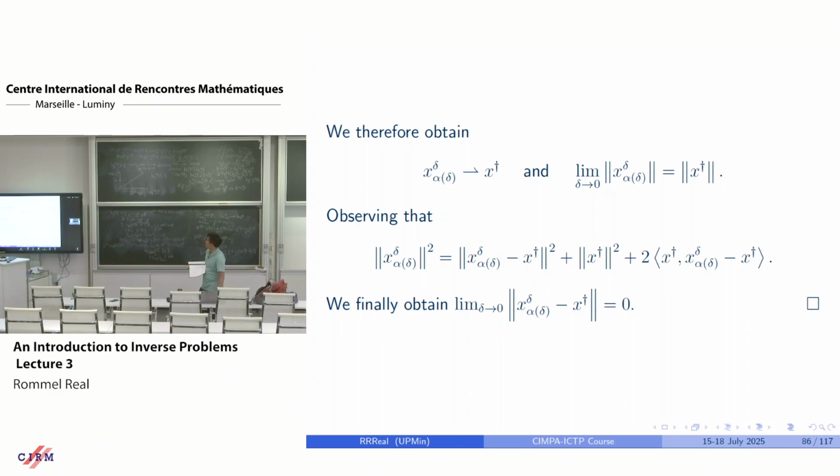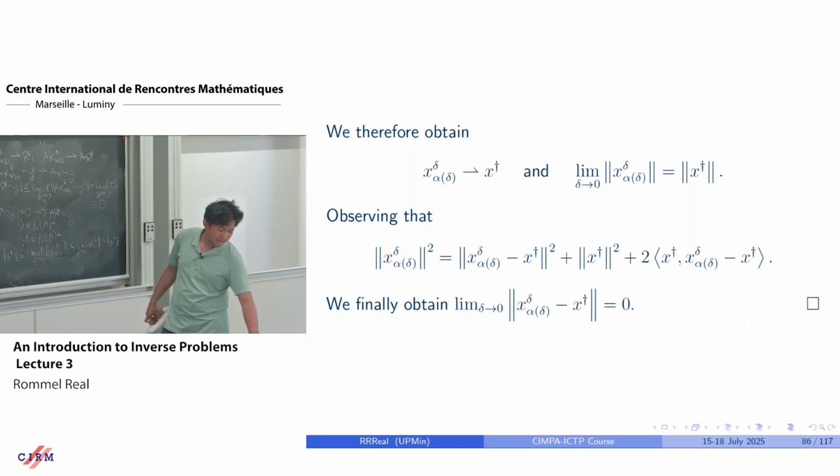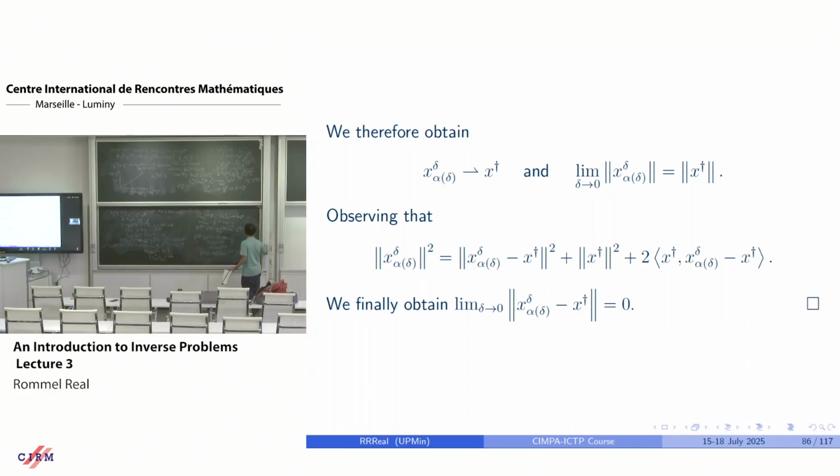Now we want to show that the convergence is also strong, that means in terms of the norm, which is our metric in the Hilbert space. By an argument involving inner products, we have that last equation there, that the square of the norm of x alpha delta is equal to this one over here. Maybe I'll just write it here.